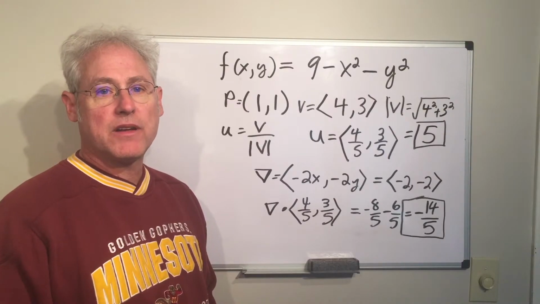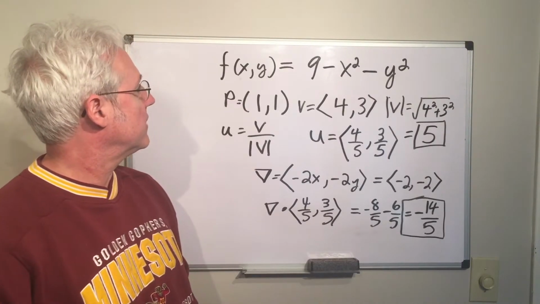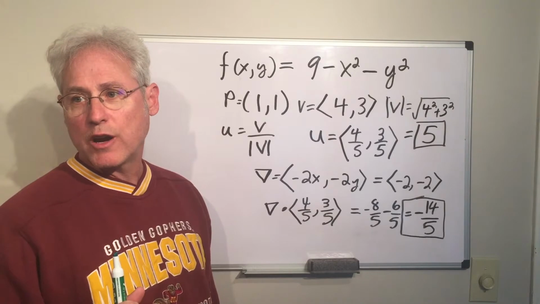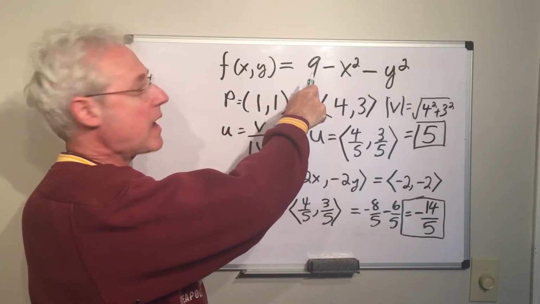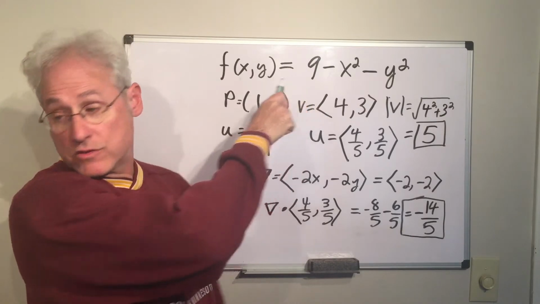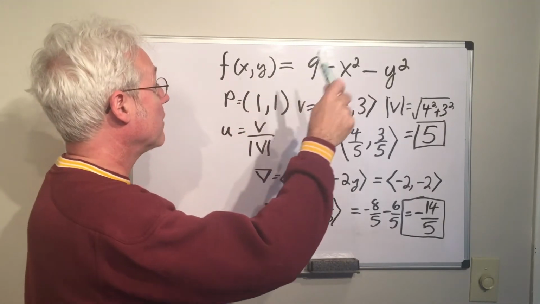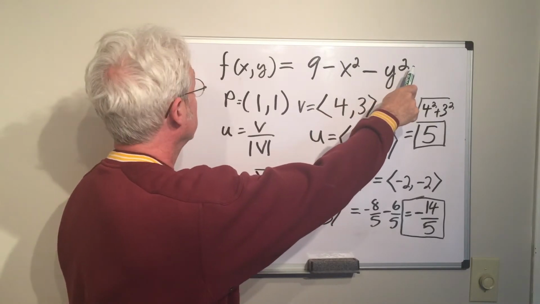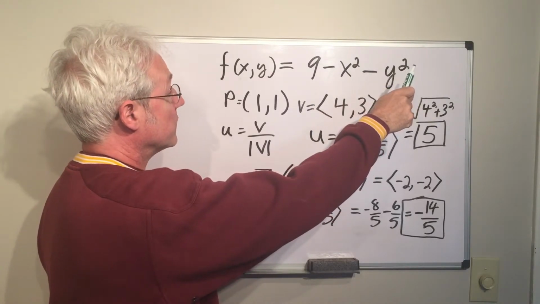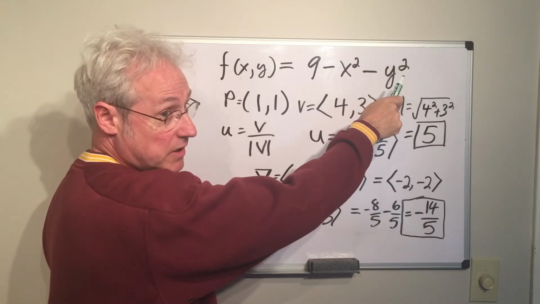Okay, an example of the directional derivative. We're going to go back to our function of our elliptic paraboloid, which I used to describe our mountain, 9 minus x squared minus y squared. Remember our directional derivative formula.